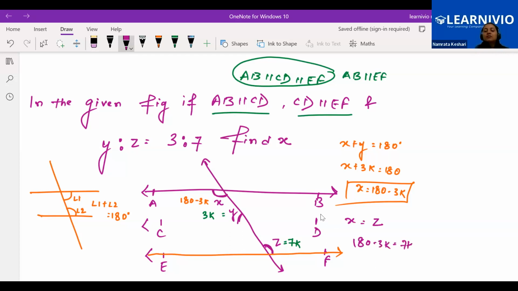From here, we will be getting the value of K. And once we have the value of K, is it possible to find the value of X? Everyone getting it? Okay, this is how we will approach this question. So let's do it together.